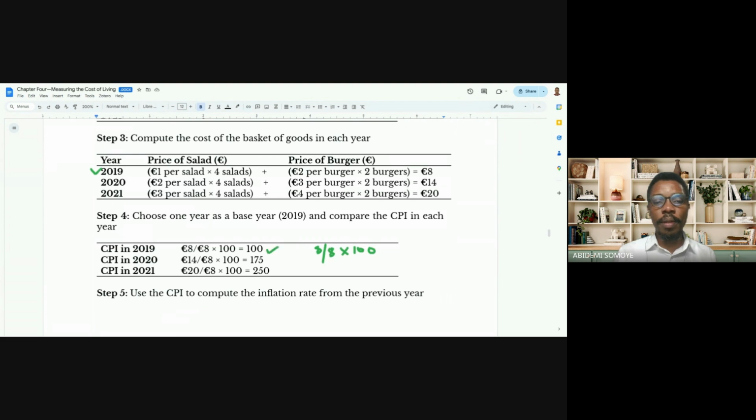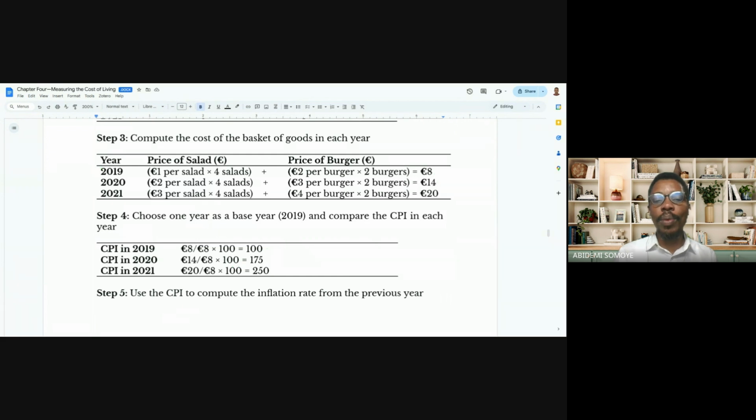Do the same thing for CPI in 2020: 14 over 8 multiplied by 100 is 175. Then CPI in 2021 would be 20 over 8 multiplied by 100, which is 250. So these are the values of the consumer price index.